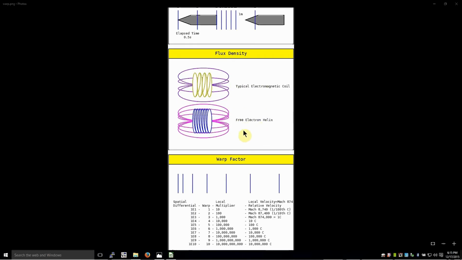So your best bet for creating the maximum flux density is what I call a free electron helix. That's basically where you shoot free electrons into a spiral pattern, and if it's in a complete vacuum, they have basically no resistance.